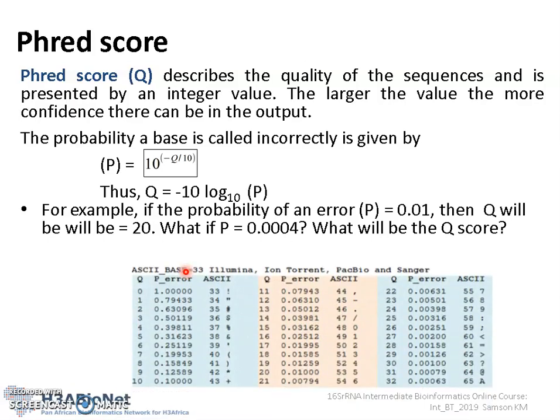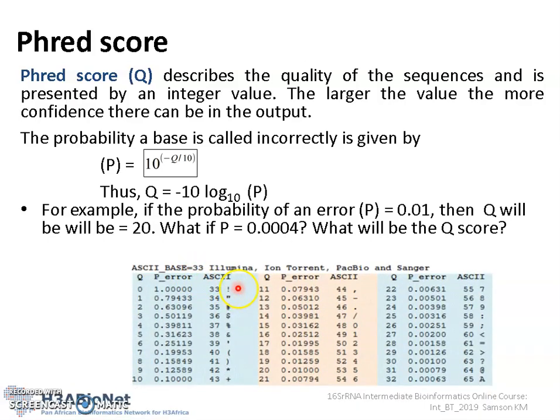These symbols that reflect the quality score are normally generated from ASCII numbers. ASCII is the American Standard Code for Information Interchange. As you can see here, for instance, 33, presented by the exclamation mark, means that the probability that the base is wrongly called is 1. If you put that into the equation, you get a quality score of 0.